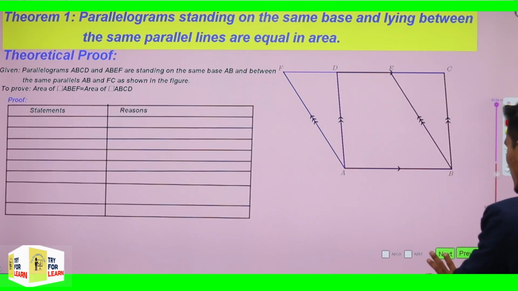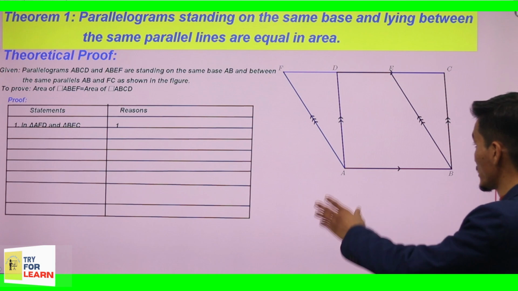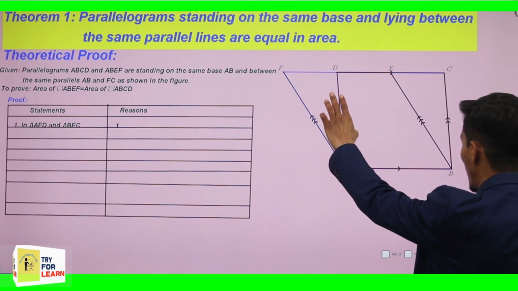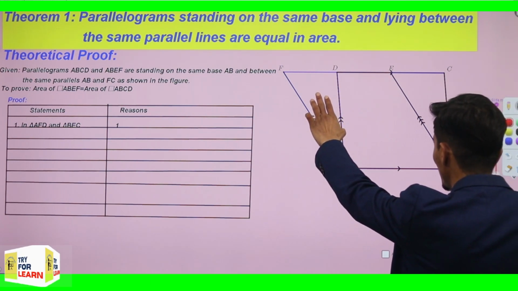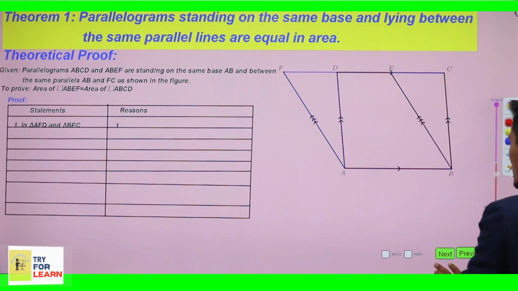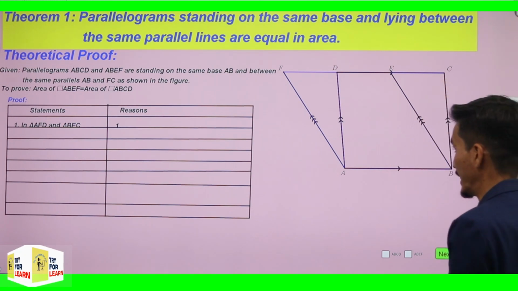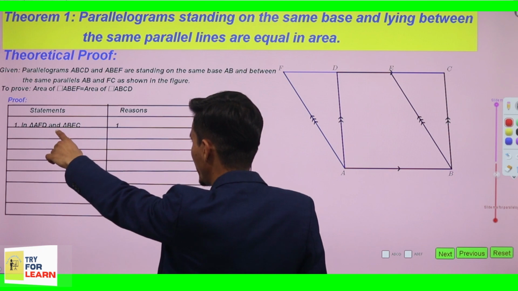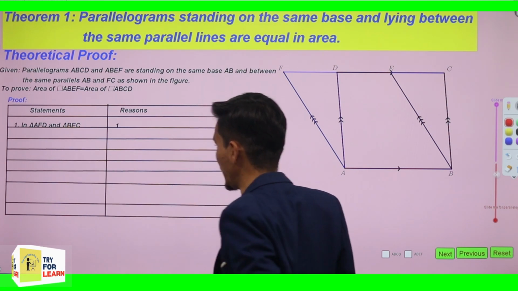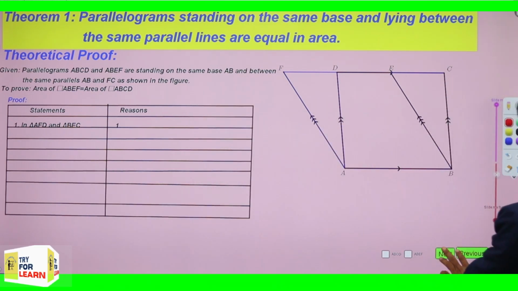First statement. We're going to take two triangles. As I told you already, we need to prove these two triangles are equal. For that purpose, in triangle AFD and triangle BEC, what do you see?